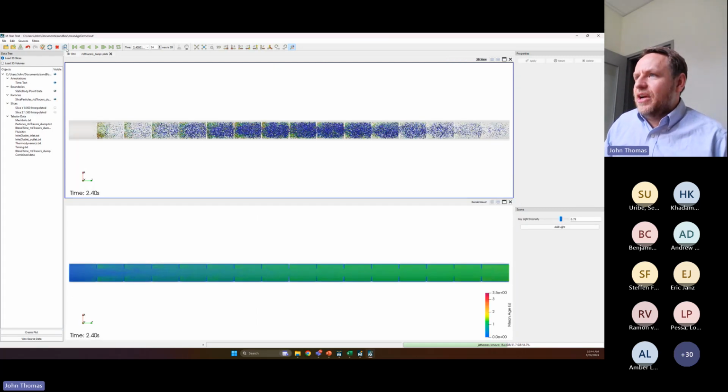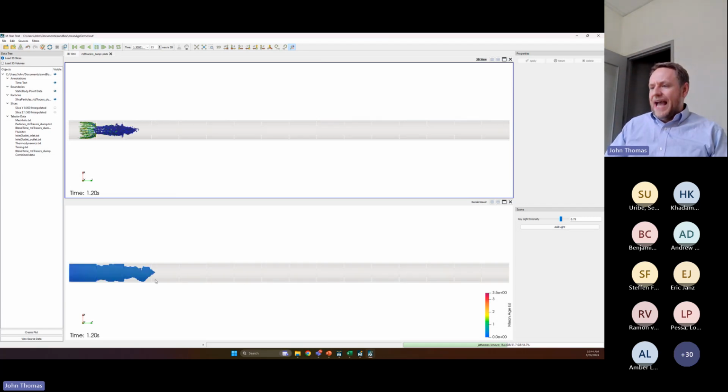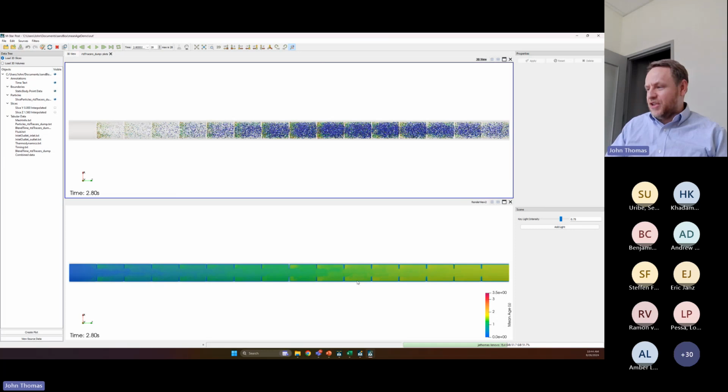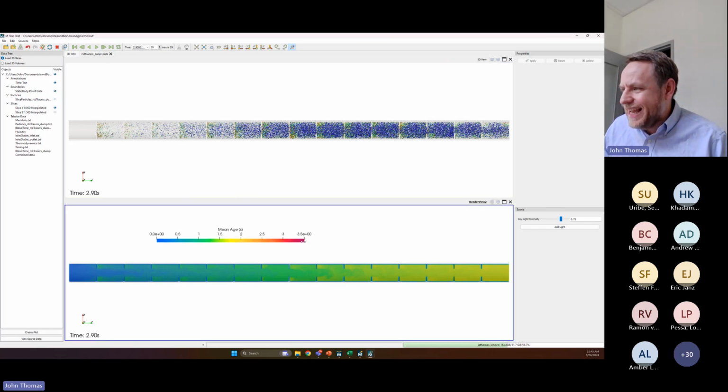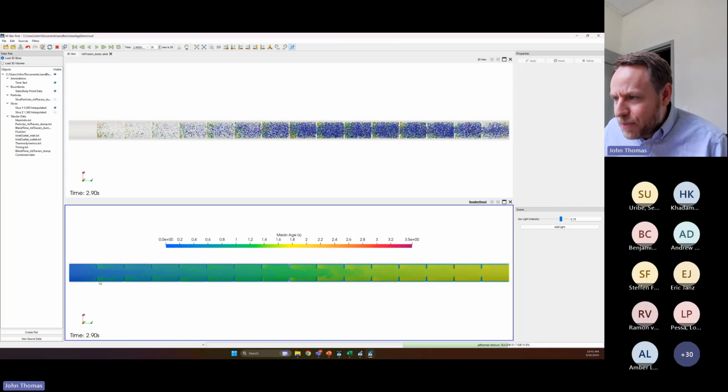Let's take a look at exit age as this comes into play. This guy's still booting up. He's still figuring out what the mean age looks like as it evolves in time. You can see how it's shaping out. I've got some regions in these earlier bins where fluid molecules tend to hang around. Look up there, these molecules are like 1.5 seconds old.